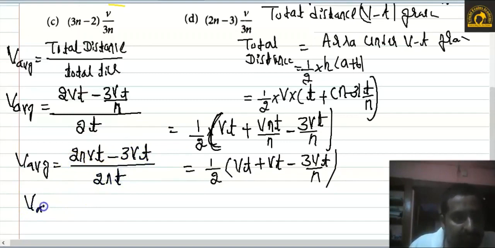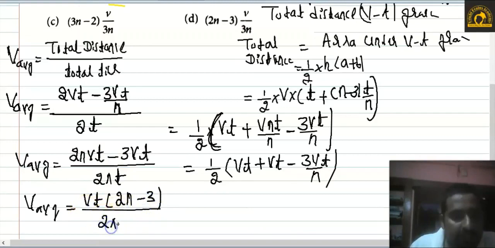Now the average speed is equal to, the common factor is vt. The remaining is (2n minus 3) divided by 2nt. The t gets cancelled. So v divided by 2n into (2n minus 3).